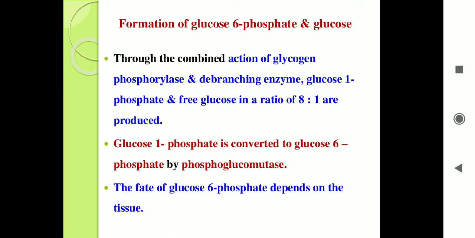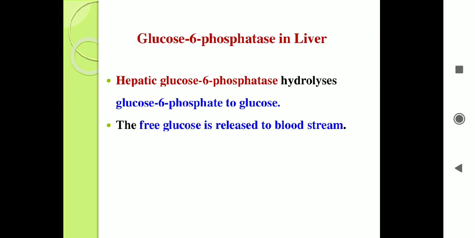Okay, so glucose 1-phosphate is converted to glucose 6-phosphate, and this reaction is catalyzed by the phosphoglucomutase enzyme. Okay, the fate of this glucose 6-phosphate depends totally on the tissues. So glucose 6-phosphate in the liver.